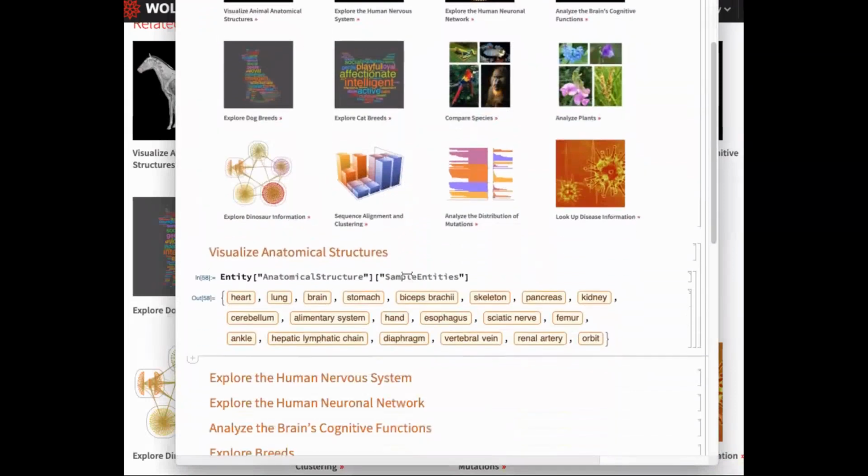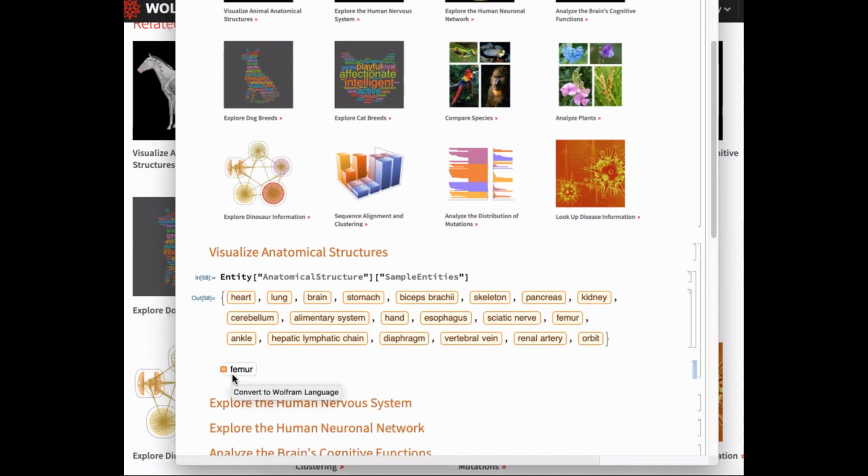So anatomical structures like organs, muscles, bones, and body segments are known as entities in the Wolfram Language. And to find a particular anatomical structure of your interest, you can use control equal and enter free-form linguistics for conversion to inline Wolfram Language input.